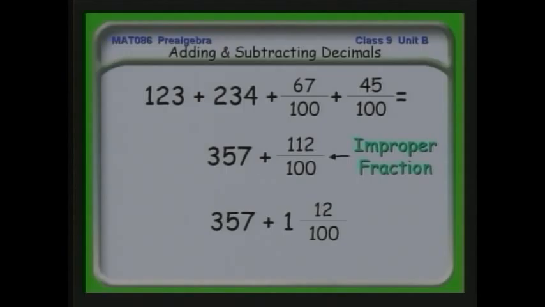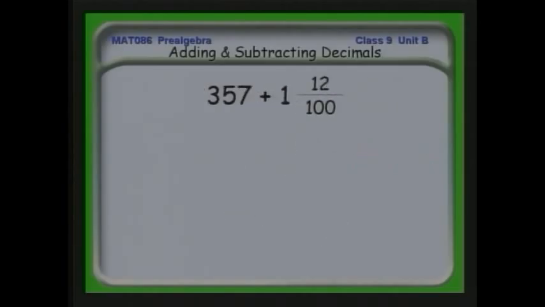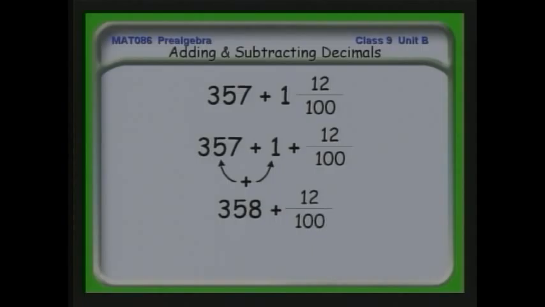Well, the 100 over the 100 is just 1, so the equivalent of that improper fraction as a mixed number is 1 and 12 100ths. Now I can take that 1 and add it to the units part, to the 357 plus 1 to get 358. So that's 358 plus 12 100ths.